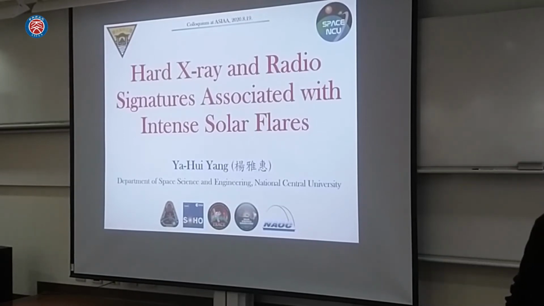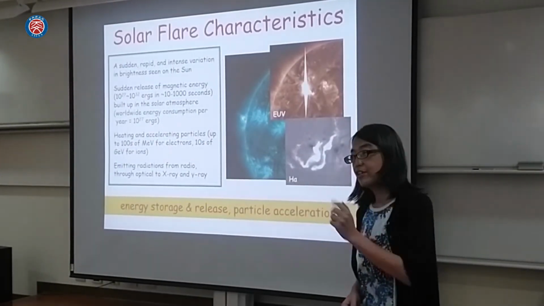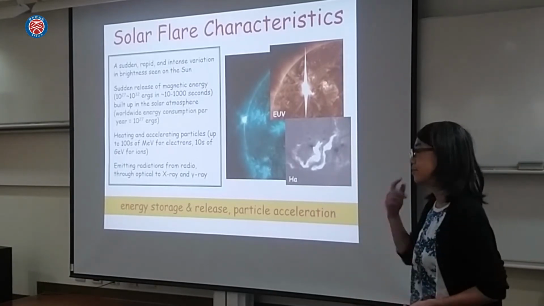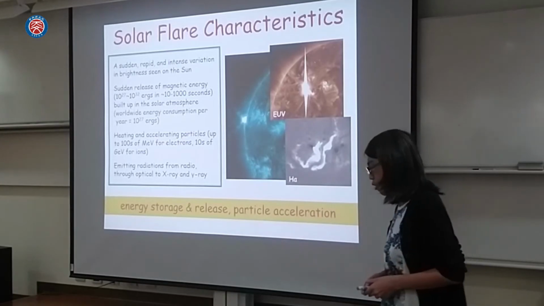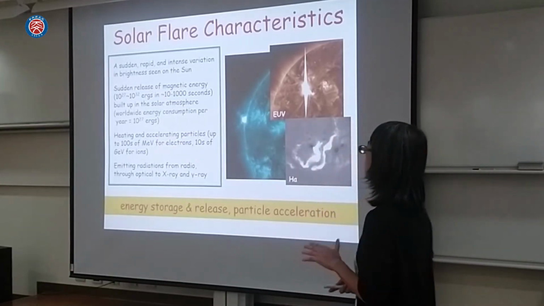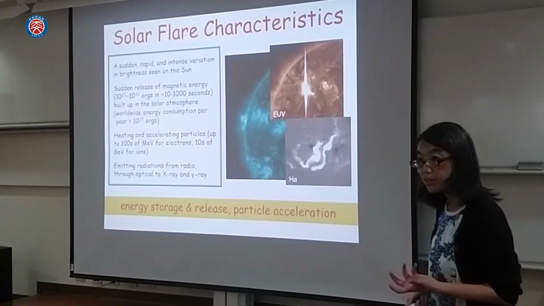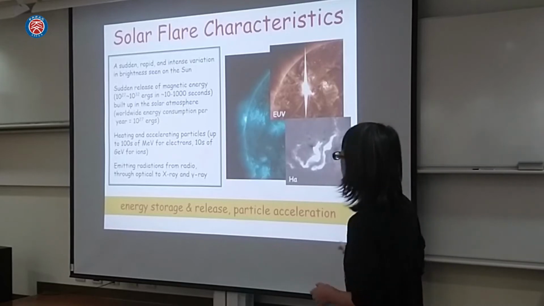Before starting the research part, I would like to talk about the characteristics of solar flares. When a flare occurs, it is common to see a sudden brightening on the Sun, especially in the UV image.